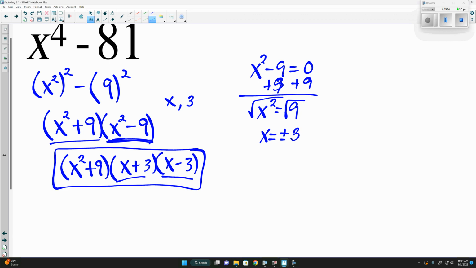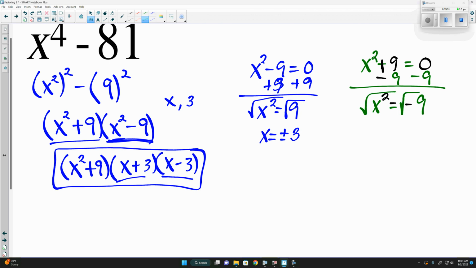Y'all don't necessarily have to write this. This is kind of explaining why, if we looked at x squared plus 9 equals 0, we aren't able to factor this. Because if we subtract 9 from both sides, we have x squared is equal to negative 9, yes? Then we would square root both sides, telling us x is equal to plus or minus, well, the square root of 9 is still 3.